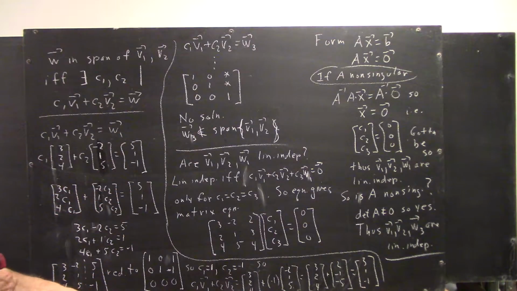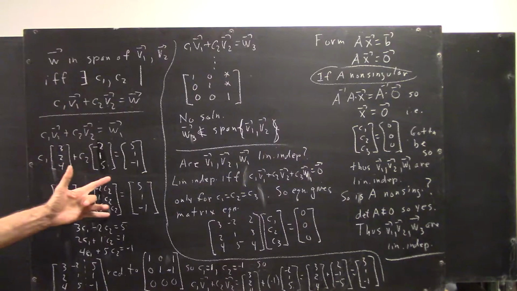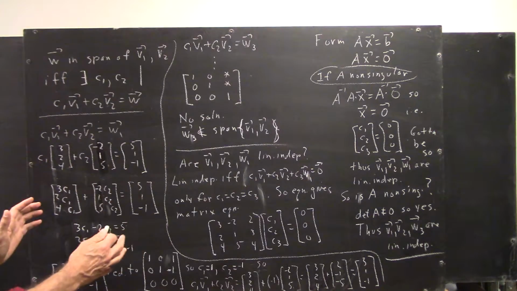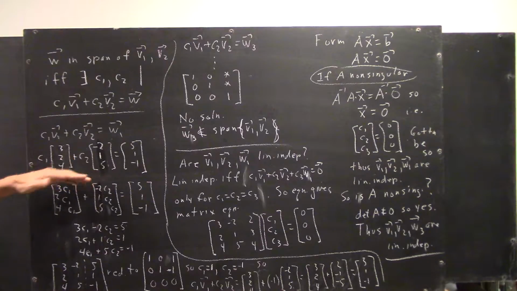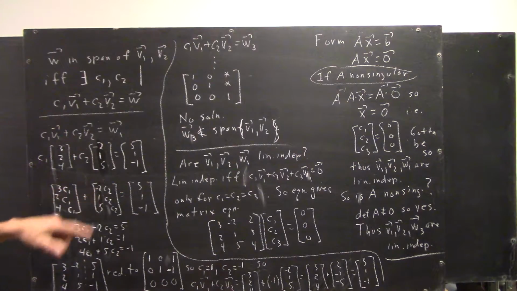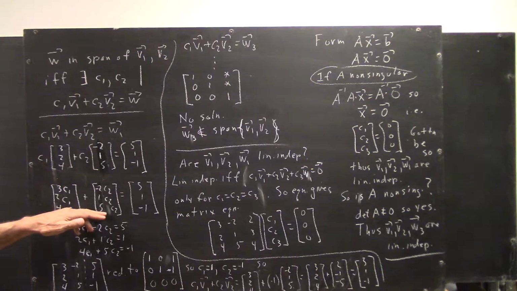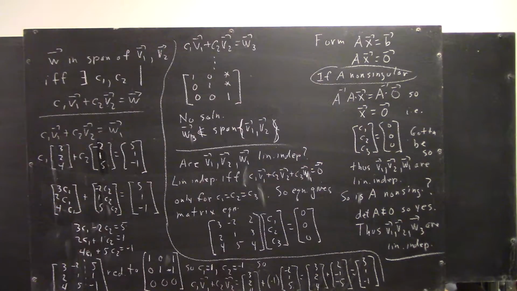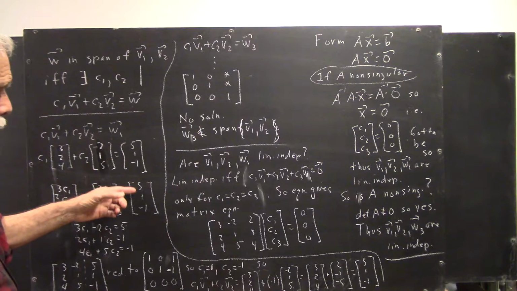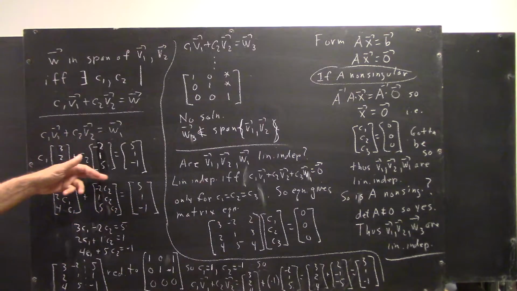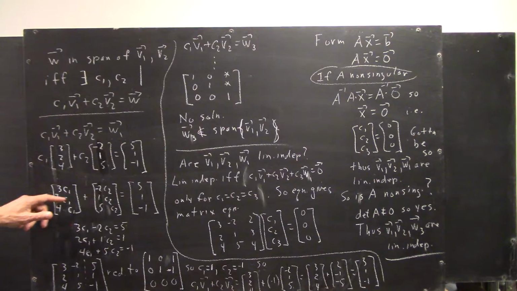This, in turn, can be translated. There's a step that I didn't do here because we've done these steps step by step. But the next step is to add this and this, which gives us one matrix, 3c1 minus 2c2 in the first row, 2c1 plus c2 in the second row, 4c1 plus 5c2 in the third row, and that's got to be equal to the vector 5, 1, negative 1, so that 3c1 minus 2c2 has to equal 5, 2c1 plus c2 has to equal 1, 4c1 plus 5c2 has to equal negative 1.